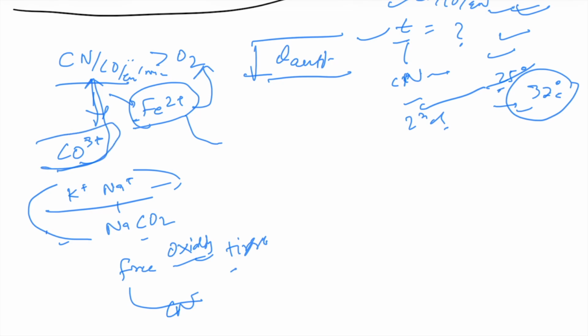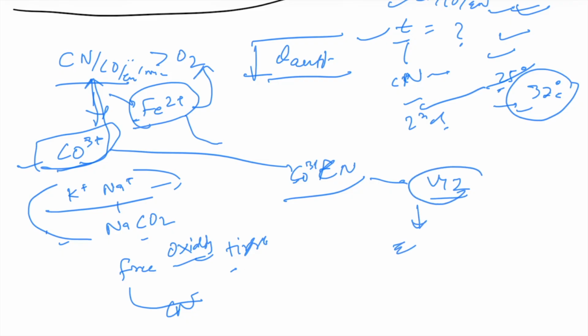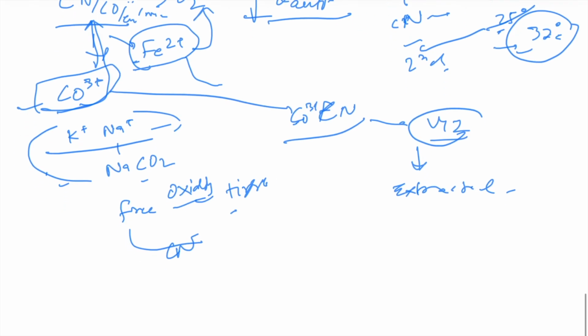While this hydroxocobalamin reacts with the cyanide component and makes a bond with cyanide, and this becomes nothing but vitamin B12, which can be excreted through urine or excreta, or it can be digested.